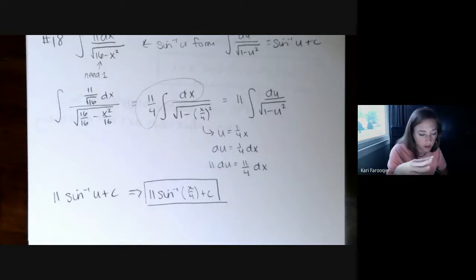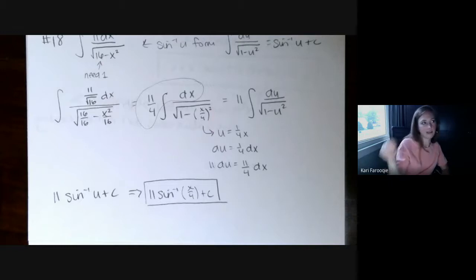So just make sure if you're using u limits, you have a u integral, and vice versa. I can't tell you how many times on a test I've circled the dx and I've circled the upper and lower limits of integration and commented on there, you use u limits with an x integral, or vice versa. You use x limits with a u integral.